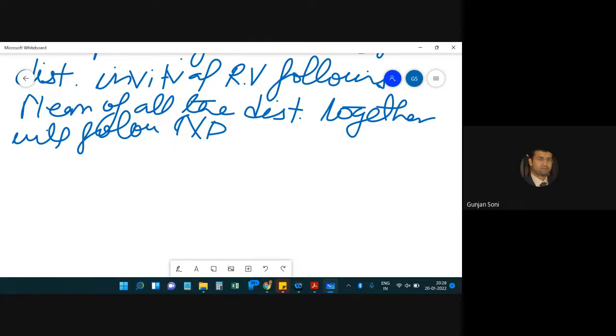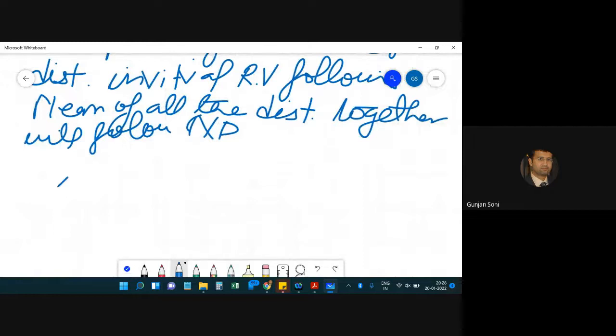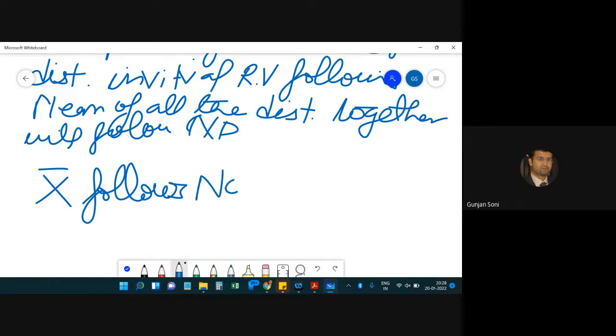So we say the larger the sample size, the closer it will be to the normal approximation to the sampling distribution of x bar. Okay, so x bar follows normal distribution.